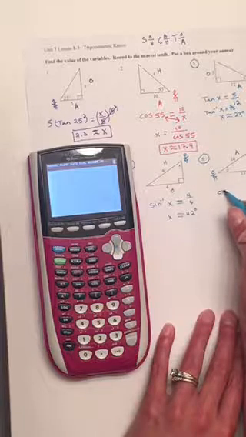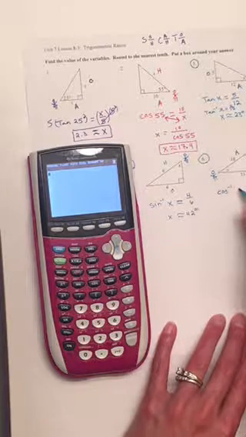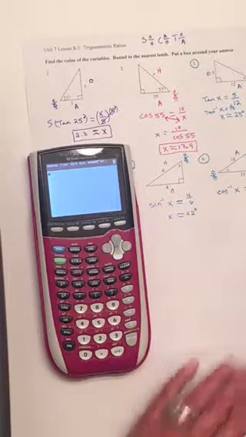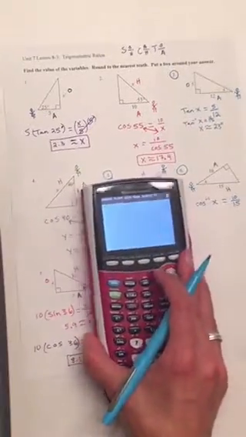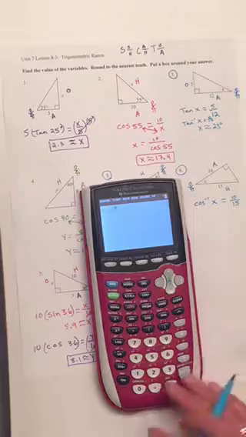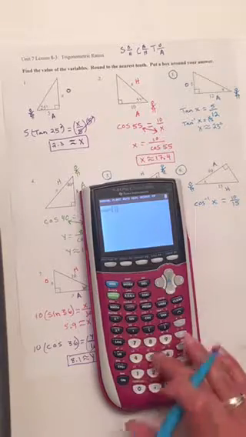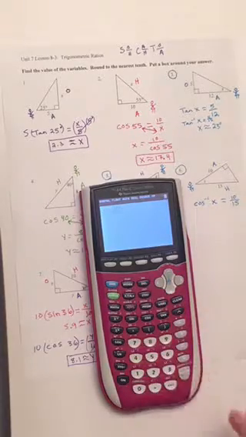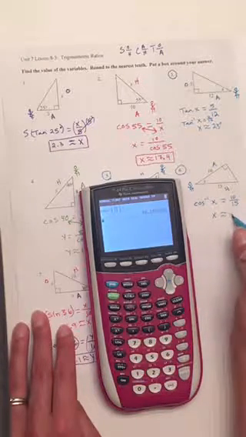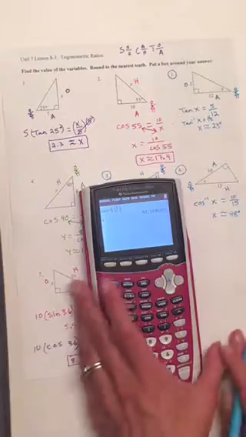So I'll set it up as the inverse cosine of x is equal to my adjacent side over my hypotenuse side. And then, easy peasy, we're just going to put it in the calculator. Second cosine, get our fraction, and we have 10 over 15, which means that my angle x is about 48 degrees. And that is it.